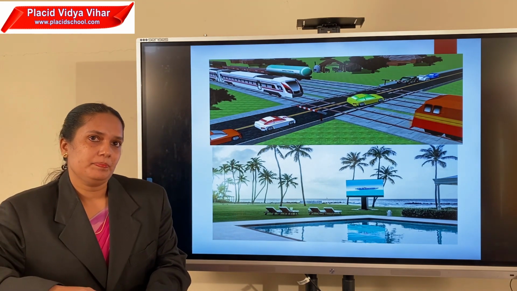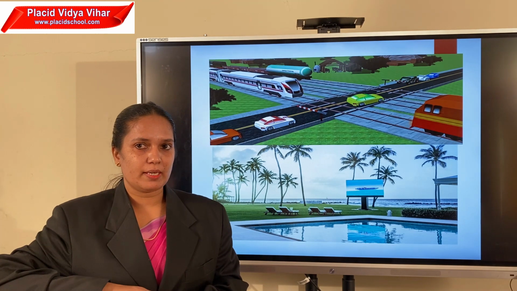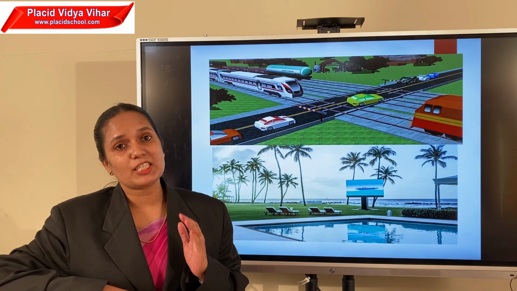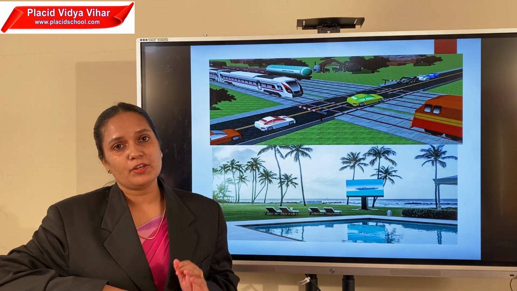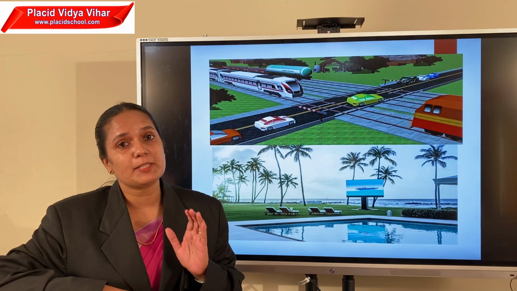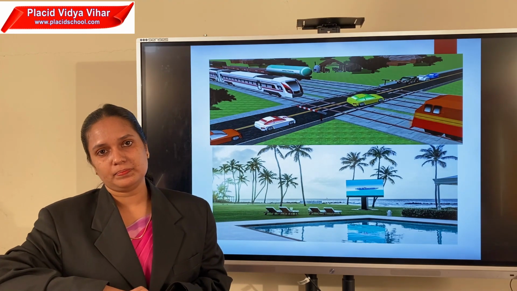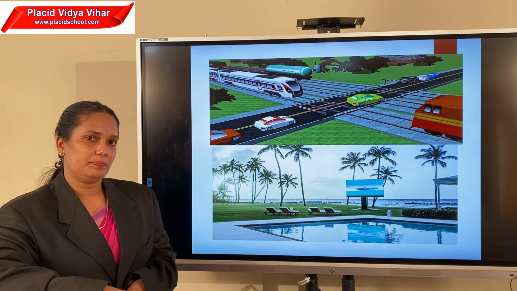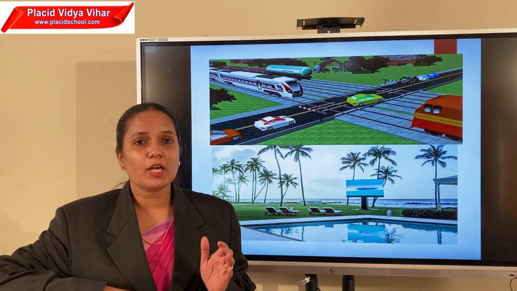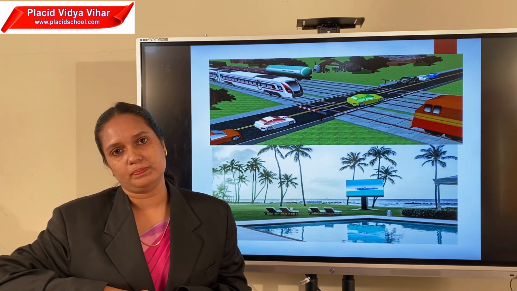For example, a person says that a bus is moving. In this case, the bus is changing its position with respect to the person. So the person is a reference point in this case. Take another example. Consider our school is 5 kilometers away from our home.